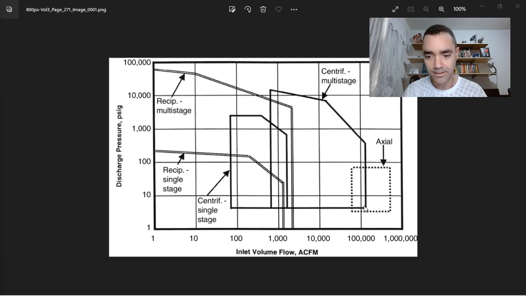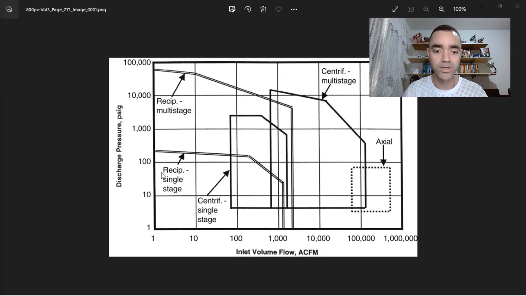There is another delimitation here for the use of the centrifugal multi-stage compressor. So based on this range, you should consider the use of a centrifugal multi-stage compressor. But there is a boundary, an interface between the reciprocating multi-stage compressor and the centrifugal multi-stage compressor, where both of them could be used.